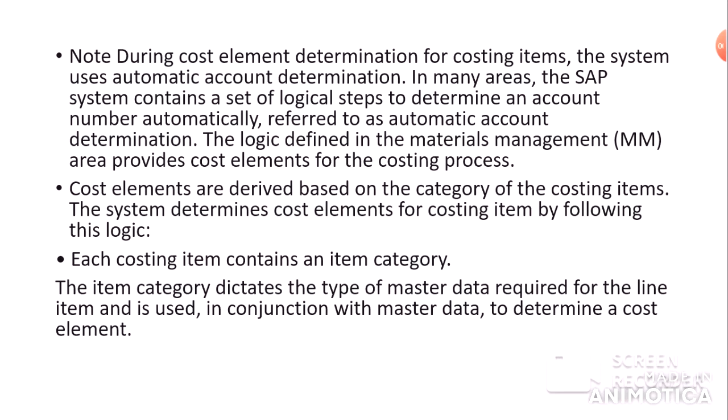Each costing item contains an item category. The item category dictates the type of master data required for the line item and is used in conjunction with master data to determine a cost element.